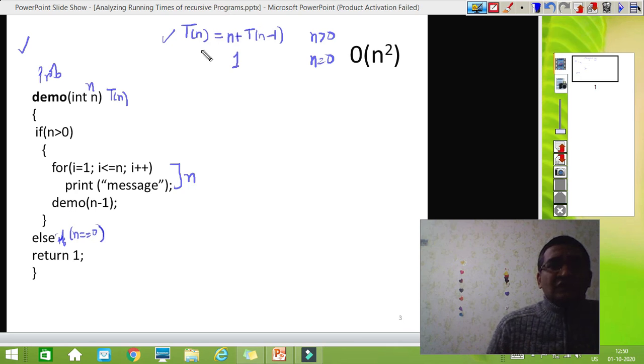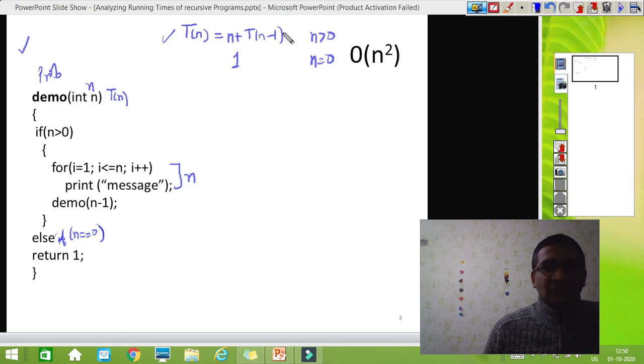In the back substitution method, we look at our main equation, which is represented in terms of T of n minus 1. So we need to substitute the values in which this main equation is represented. We have to substitute the value for T of n minus 1, and when we write T of n minus 1, this is again represented in terms of its constituent. So we will keep on replacing these values in order to reach the exit condition.